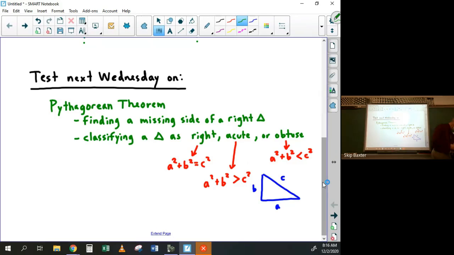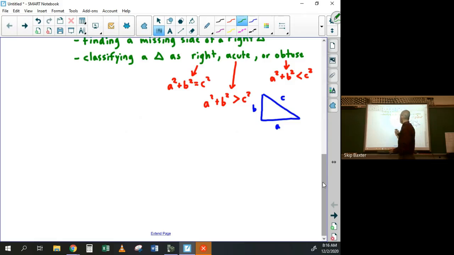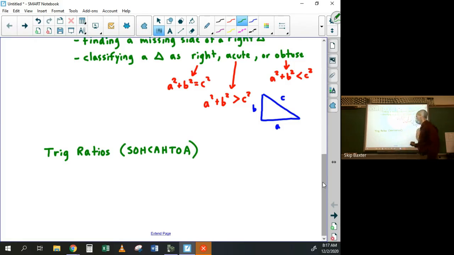The next thing we talked about after the Pythagorean theorem was just the trig ratios in general, which is just SOHCAHTOA. So there's a couple different types of problems.